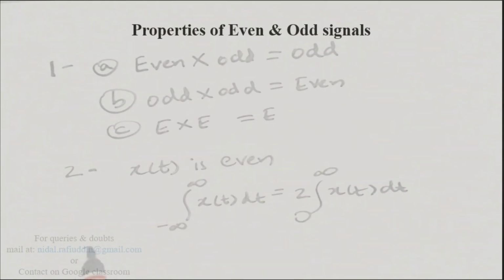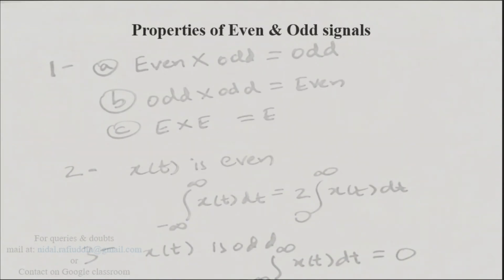And then the third property says that if x(t) is odd, then the integral from minus infinity to plus infinity of x(t) dt will be equal to 0. The reason for this is because from minus infinity to 0 the x will be negative, and from 0 to infinity it will be positive, so negative and positive will result in 0.